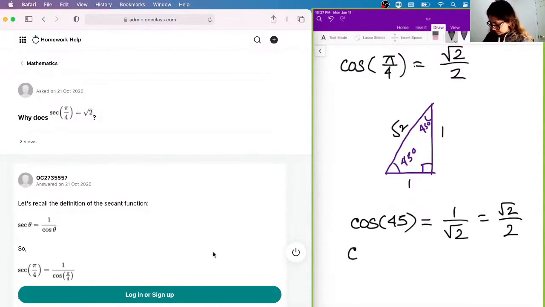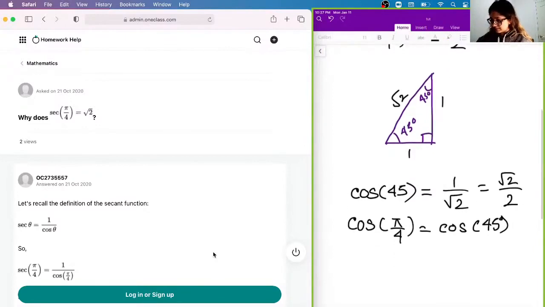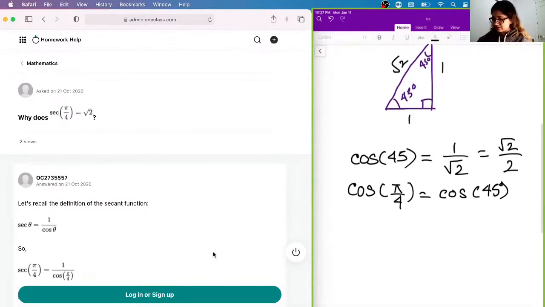So in this case, cos pi over 4 is equal to cos of 45 degrees. And so from our triangle here, we know that cos of 45 or pi over 4 is square root of 2 over 2.